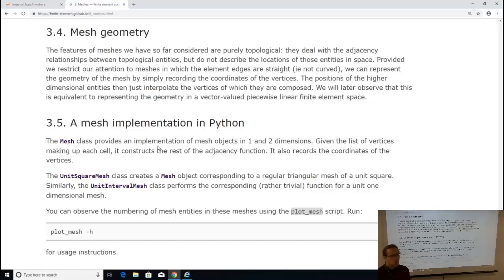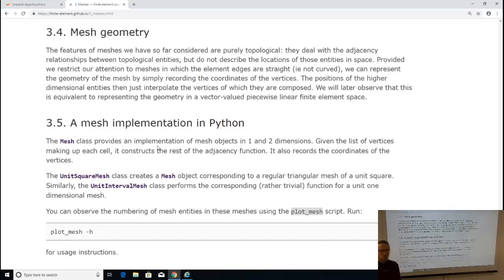Then all you need is that the relationship from the reference coordinates to the physical coordinates is not linear. So we have a quadratic or a cubic or a higher relationship. And actually, we've already done the mechanism for that.